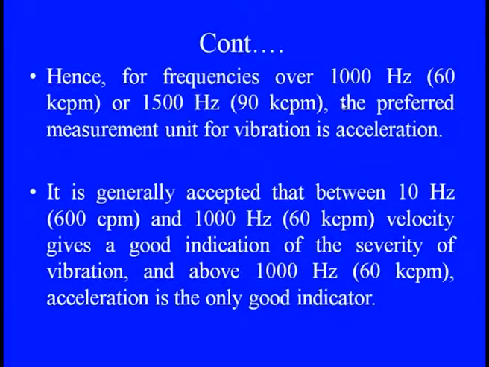and it is generally accepted that from 10 hertz up to 1000 hertz, the velocity is a good indication of the severity of vibration, and above 1 kilohertz, the acceleration, and below 10 hertz, where the deforming features are there, displacement.